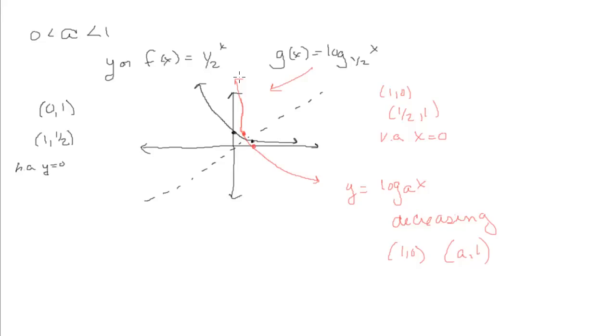So as x approaches 0, f of x approaches infinity. So the domain, again, is just the positive reals, not including 0. And the range is all real numbers.